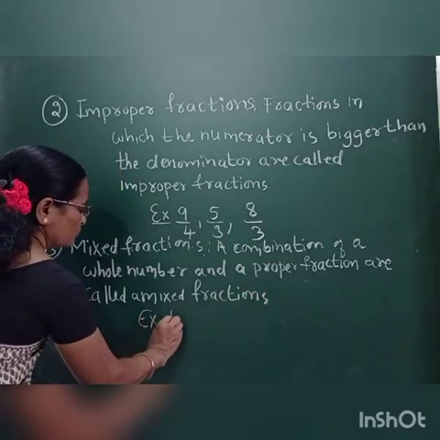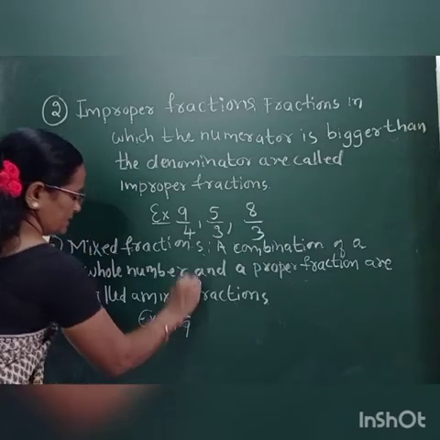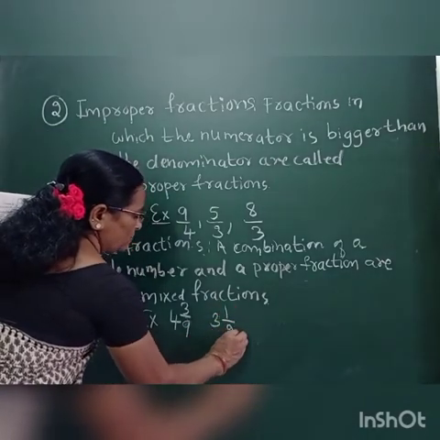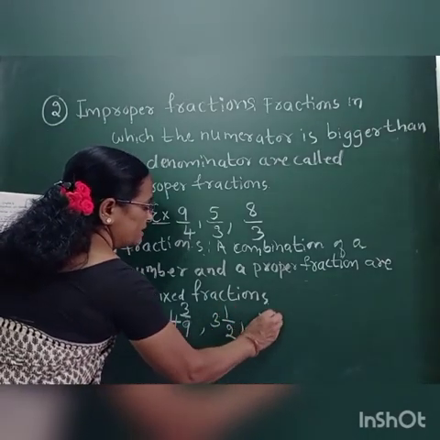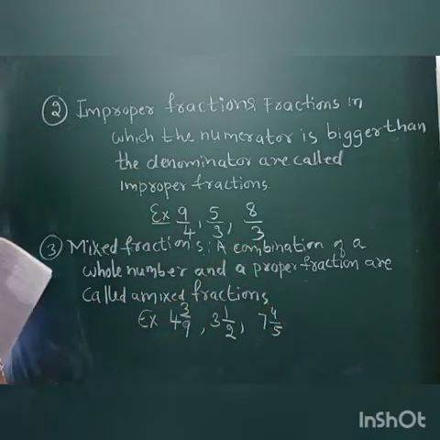Example, 4 integer 3 by 9. It is a mixed fraction. 3 integer 1 by 2. 7 integer 4 by 5, like this. These are called mixed fractions.